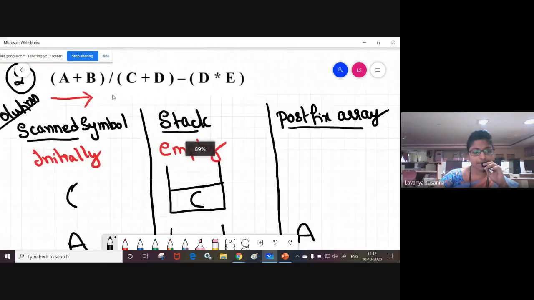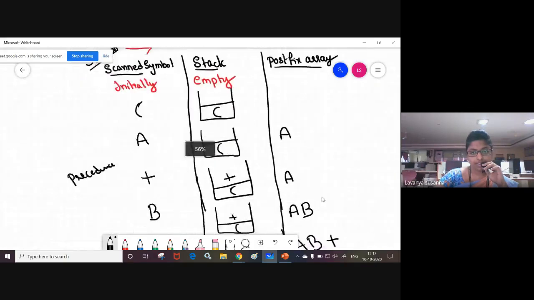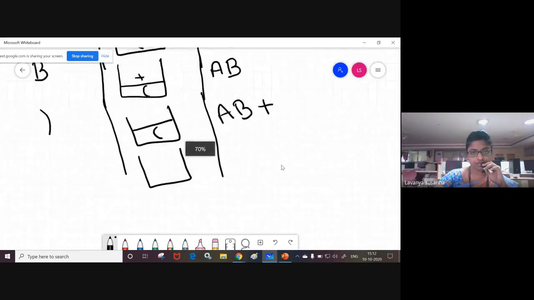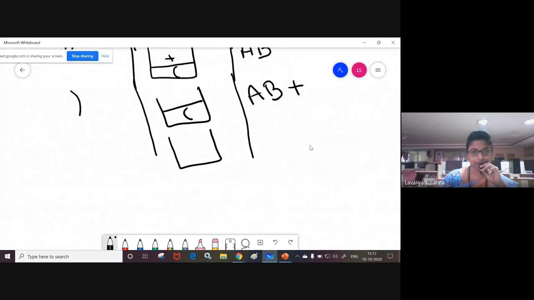Next is divided by. See here, next scanned symbol. A completed, B bracket completed, divided by. Next scanned symbol is divided by. Let us see, students, what you need to do.